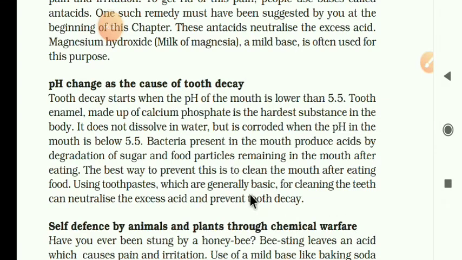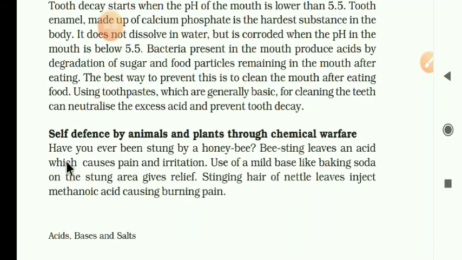Okay, now the last one, self-defense by animals and plants. So pH is used in the remedy for the bite of a honey bee. Have you ever been stung by a honey bee? When bees sting, they leave an acid which causes pain and irritation.